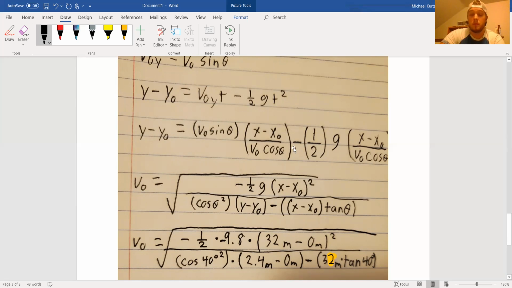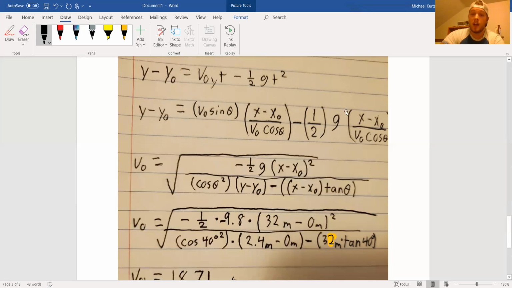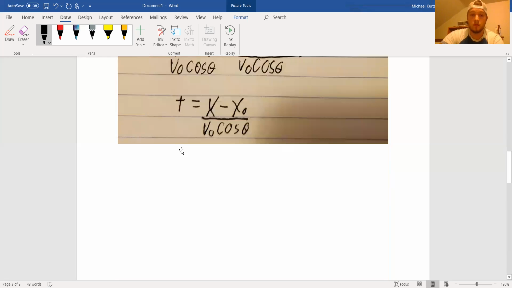Then we subtract 1/2 times g, gravity, times the equation that we inputted from up here, which is why I said we need this for later.